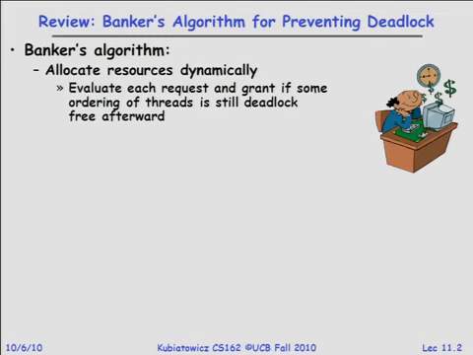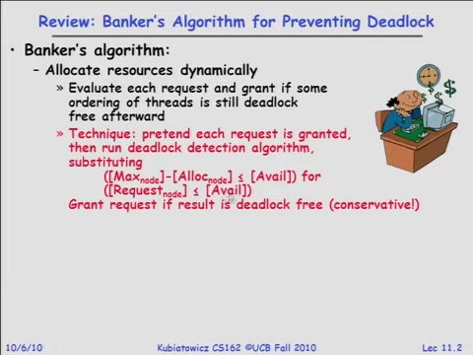The technique is an extension of the deadlock detection algorithm we talked about, where instead of request less than or equal to available resources, you substitute max node minus alloc node as less than available resources. This is not really complicated magic. It just says assume that everybody requests all the rest of the resources up to their max at the point I look at the graph. That's all that's really saying. Okay?